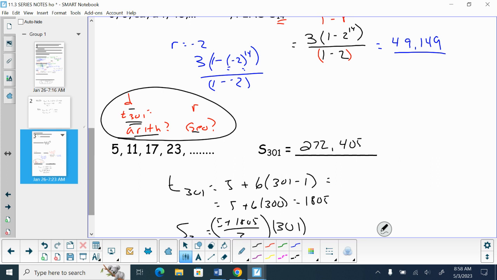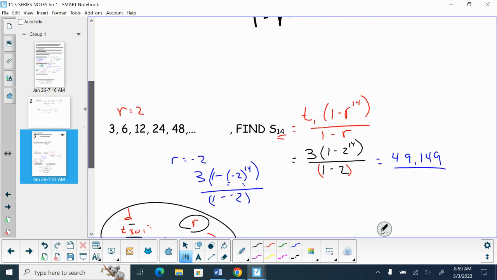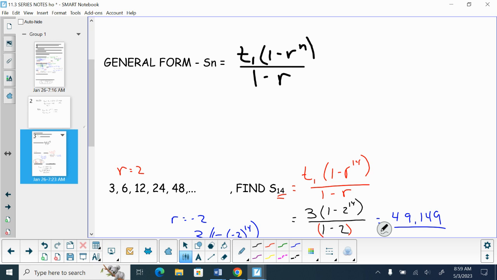If it's geometric, all I need is my ratio. I don't need to know the last term for geometric. All I need to know is my first term and my ratio. It's a little bit easier with geometric. So identify what type of series you have, and then do your calculations.